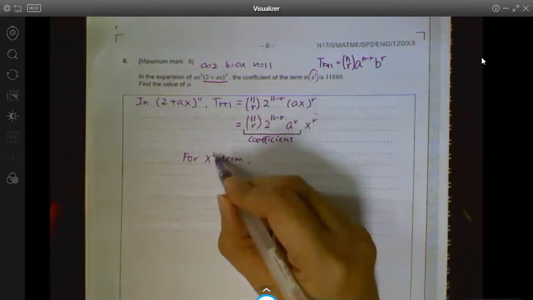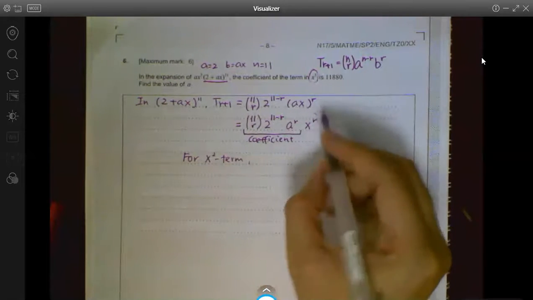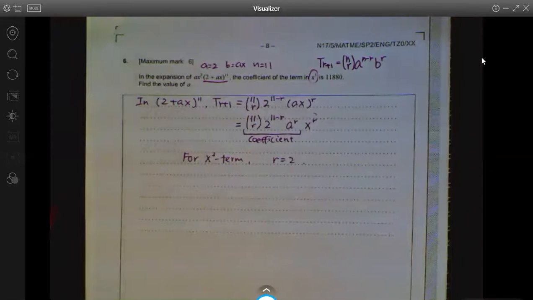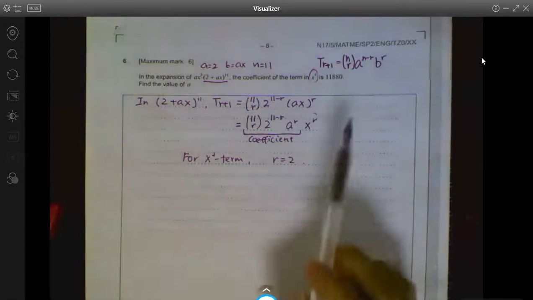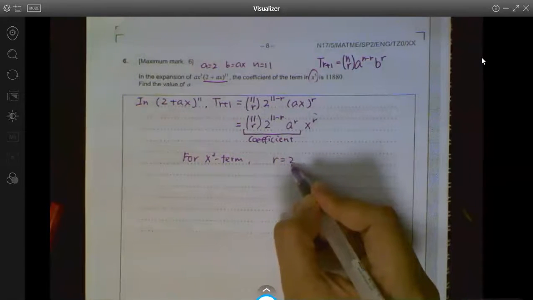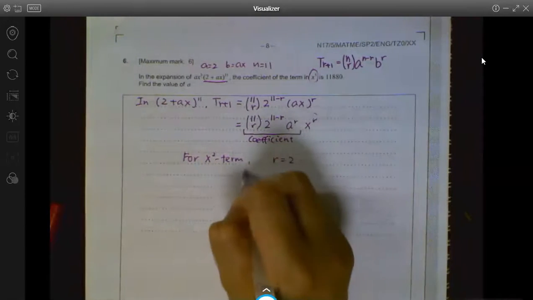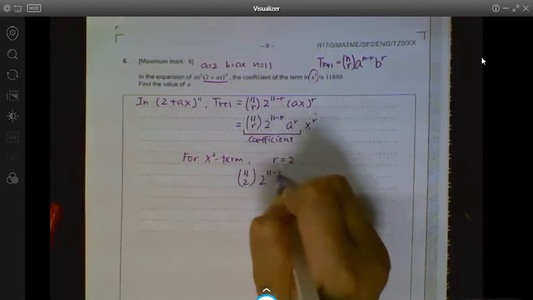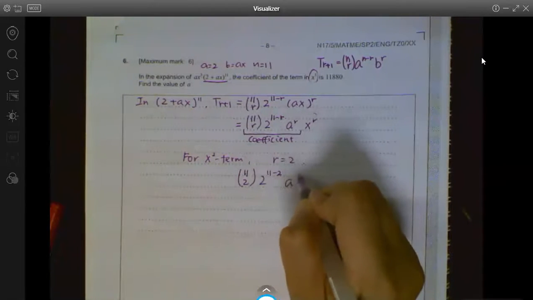And if I want it to be x squared, this r must be 2. We have to state that in our working to show them we know. And then I'm going to do the coefficient part by substituting r equals 2. So I will write 11C2, 2 to the 11 minus 2, a to the 2.